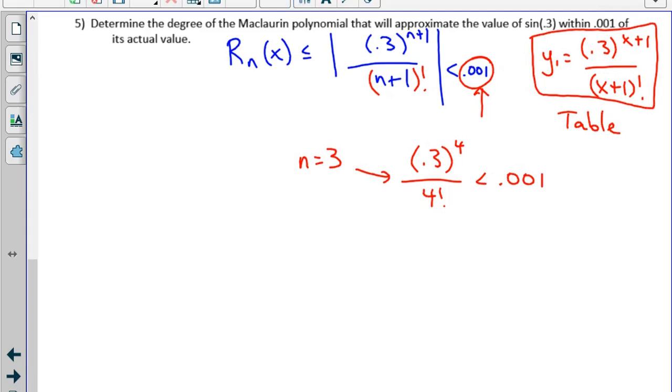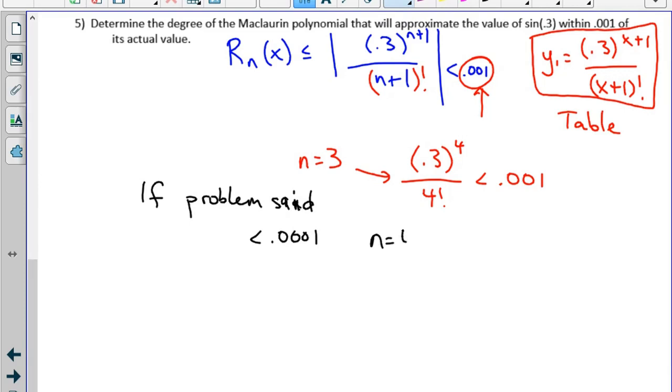Now, if the problem said that it has to be less than 0.0001, you have to really be careful because n equals 4 would work. So if I type in 0.3 to the 5th over 5 factorial, that is less than 0.0001.